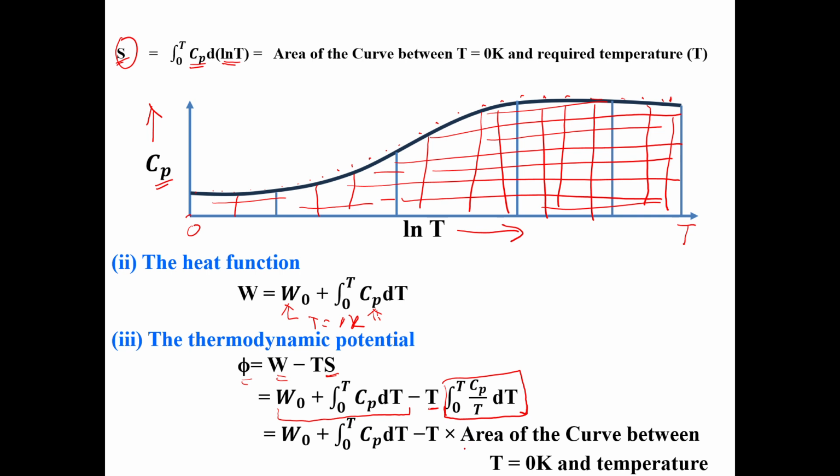This S can be calculated from the area of the curve between temperature 0 and any required temperature T. So from all these quantities we can also calculate the thermodynamic potential, provided that we know Cp at all temperatures.